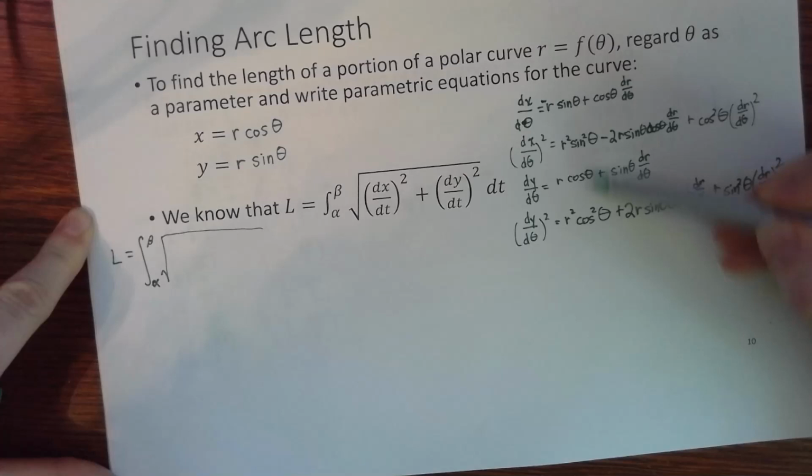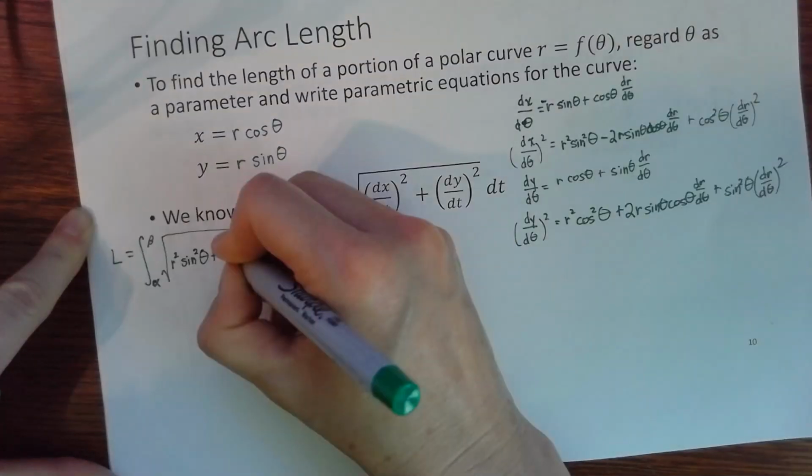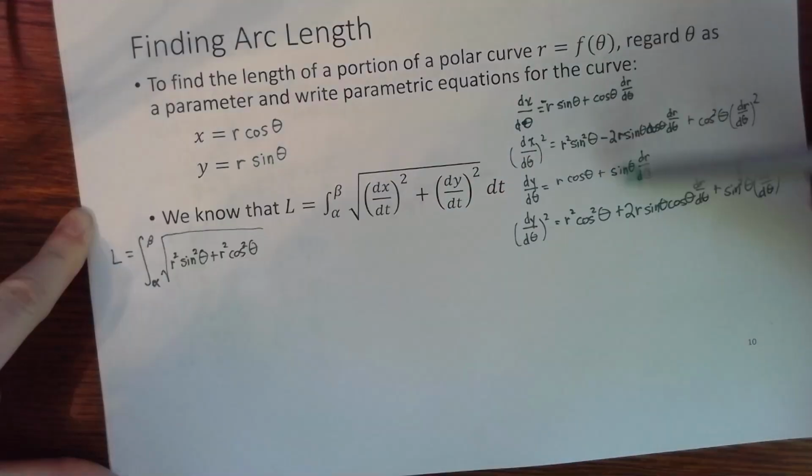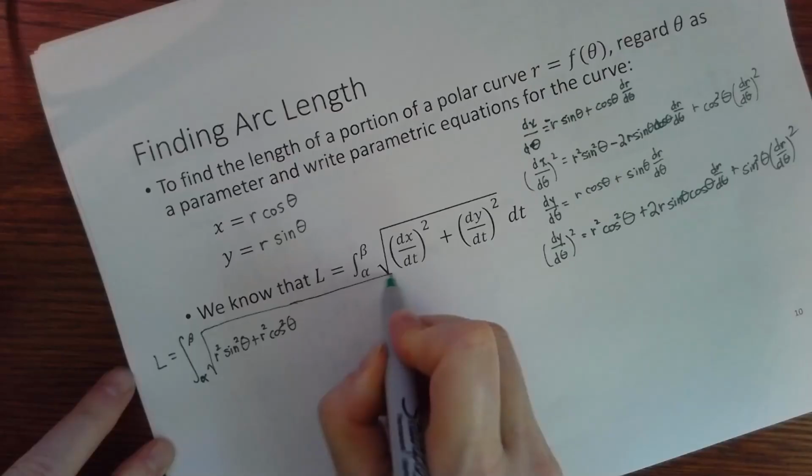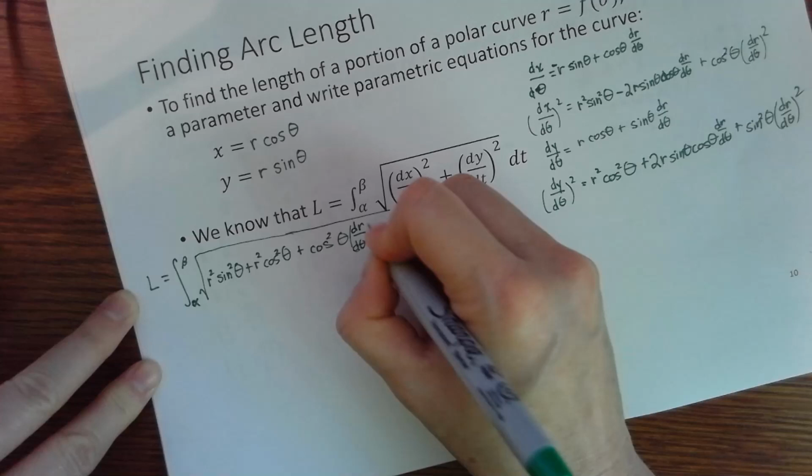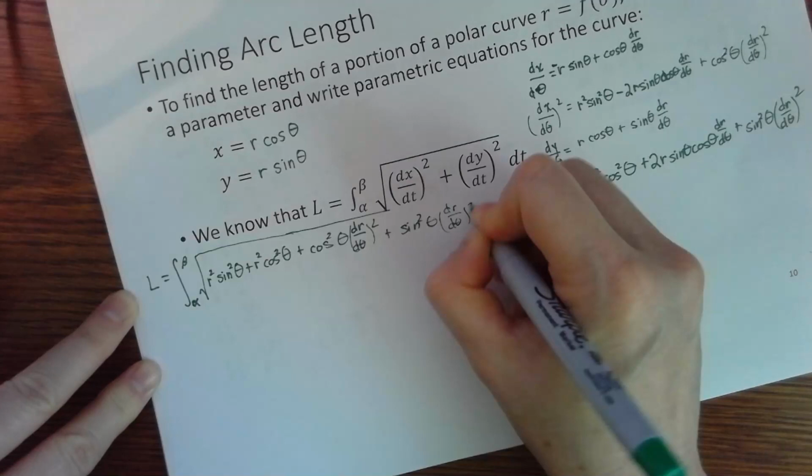So we'll add these two, and we're going to get r squared sine squared θ plus r squared cosine squared θ. And then we add these two. These are exactly the same, but one's positive, one negative. Those will cancel. And then we'll have these two: cosine squared θ (dr/dθ) squared and sine squared θ (dr/dθ) squared.